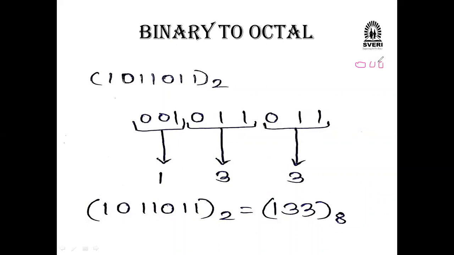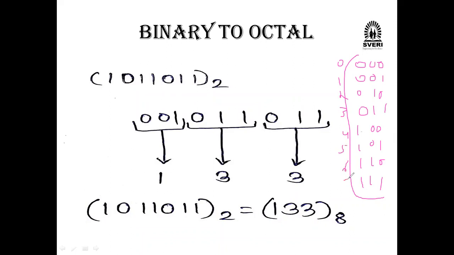That is called 000, 001, 010, 011, and 100, 101, 110, and last one is 111. Like that are the octal numbers. So octal numbers written in binary here is: this is 0, this is 1, this is 2, this is 3, this is 4, this is 5, this is 6, this is 7.